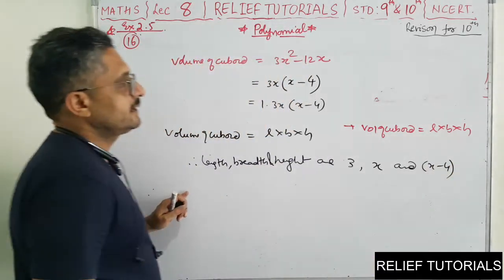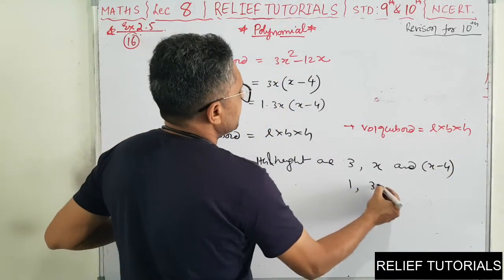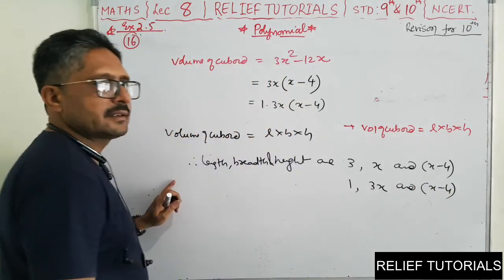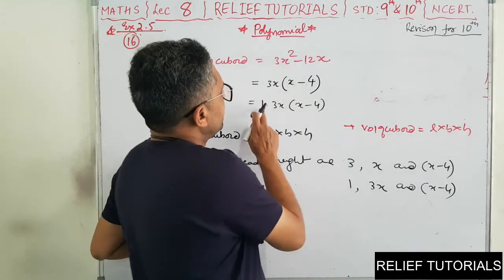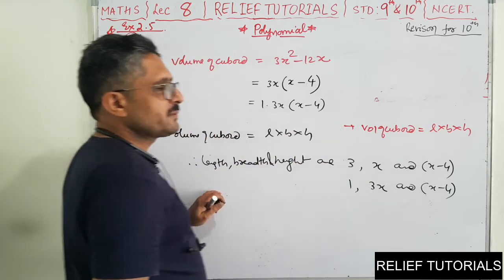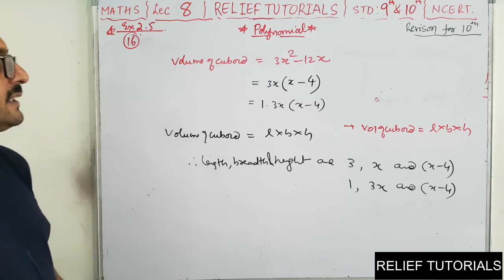This is one possibility. Other possibility will be 1, 3x and x − 4. Clear? One more possibility you can write: x and 3 into (x − 4). Many possibilities are there. I have written only 2 possibilities.